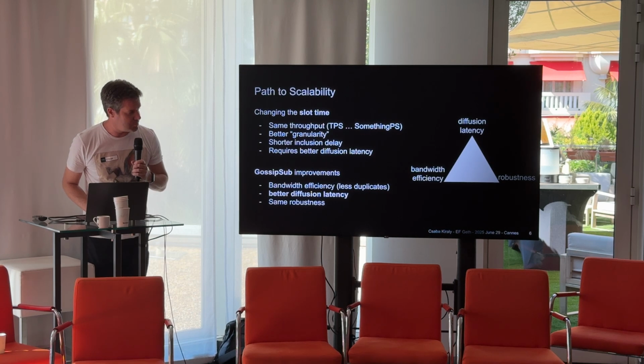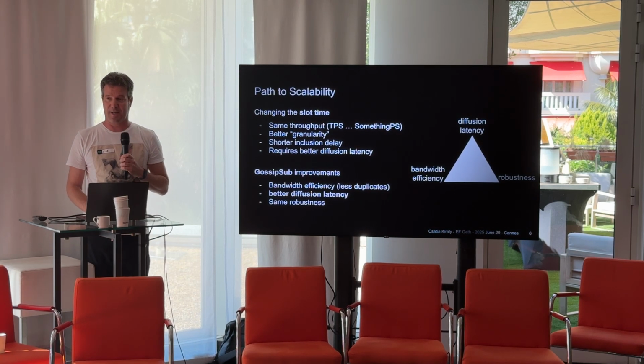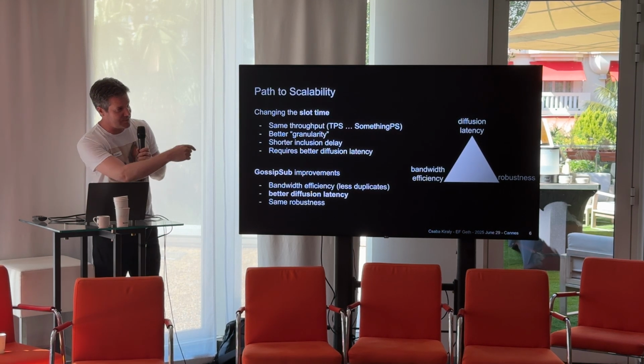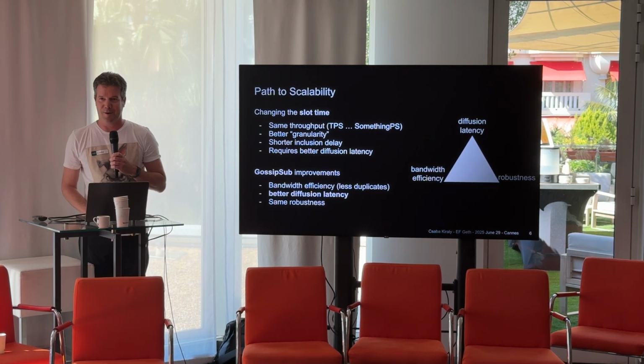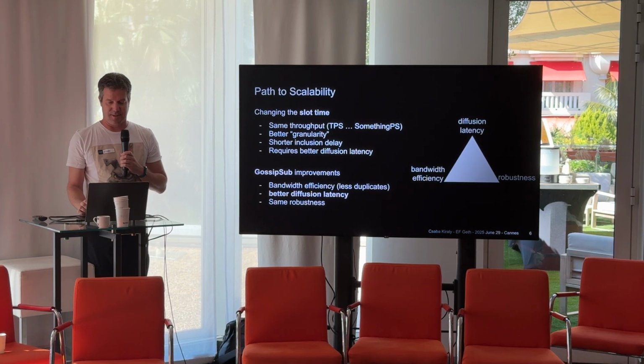So we already got to gossip sub improvements, and part of the gossip sub improvements that we are doing are bandwidth efficiency related, less duplicates typically. Some of them are about better diffusion latency, and we also want to keep the protocol robust, yeah? And I was drawing that nice triangle there because people like that, because that represents that you have to make compromises and trade-offs.